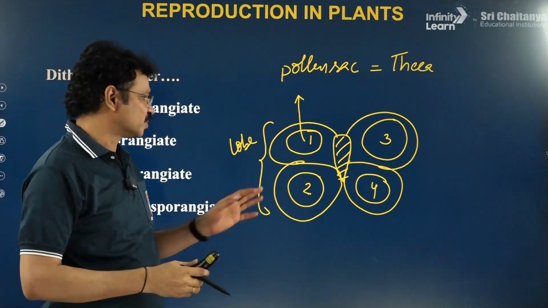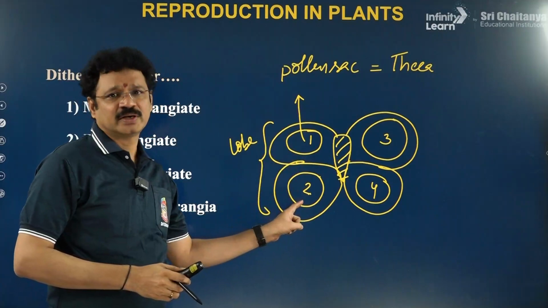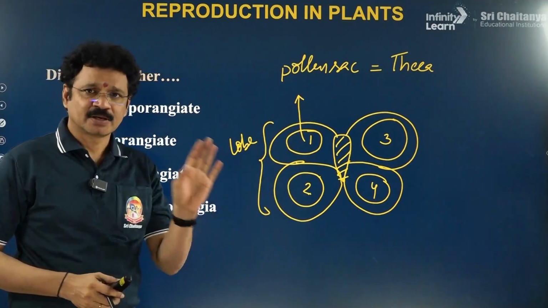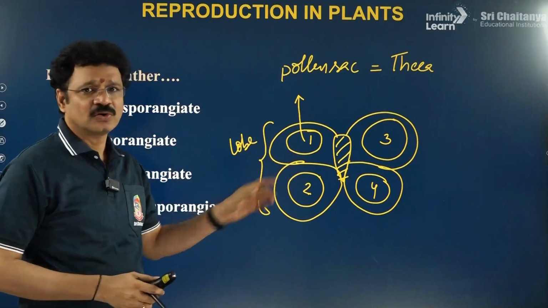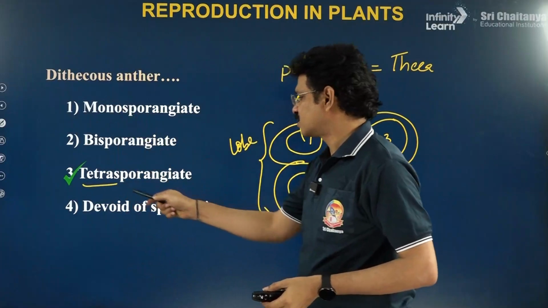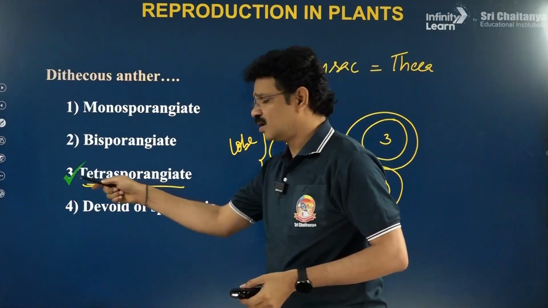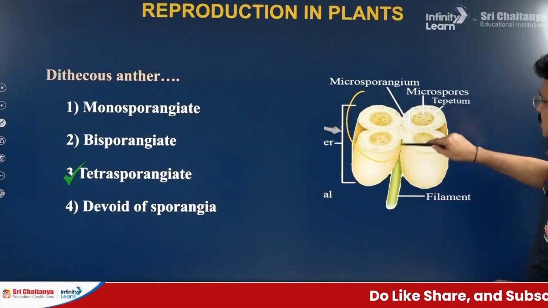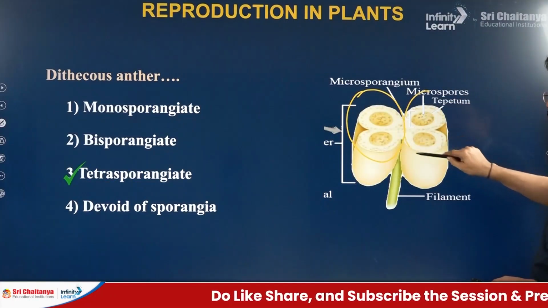Total how many microsporangia are there in each lobe? Two microsporangia. In overall dithecous anther, the number of sporangia is 4. Hence, the name of this kind of dithecous anther is tetrasporangiate. Tetra, 4 sporangia. This is the one anther lobe.